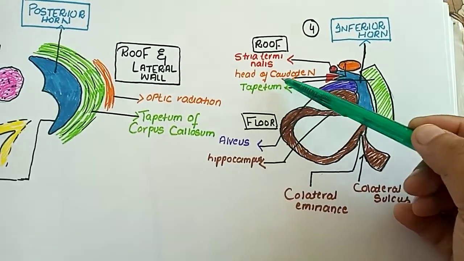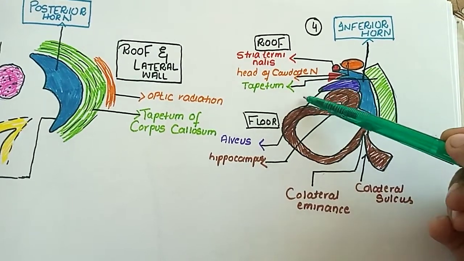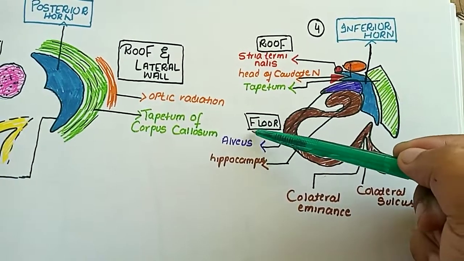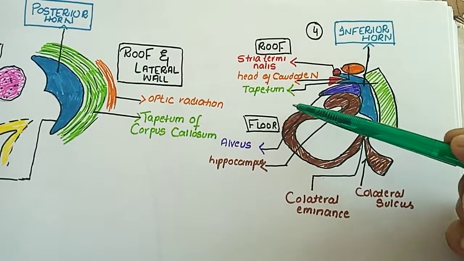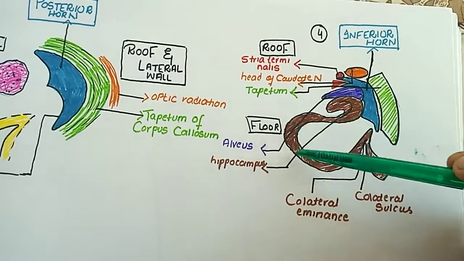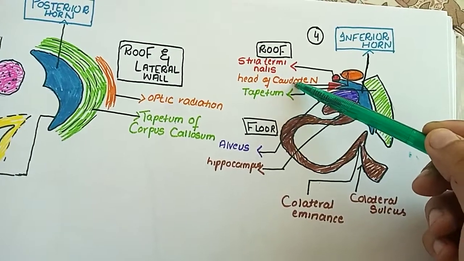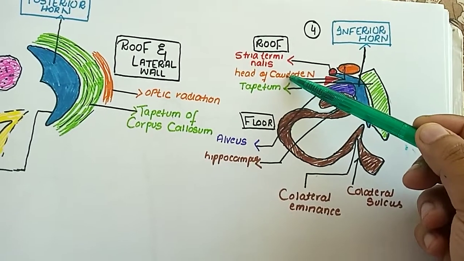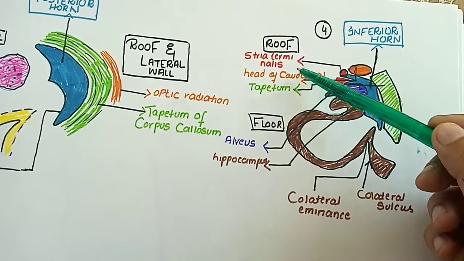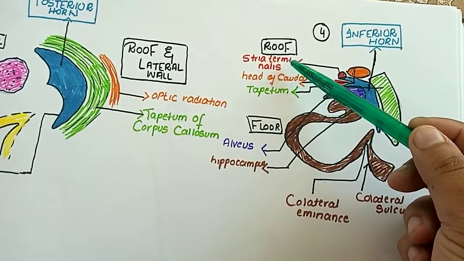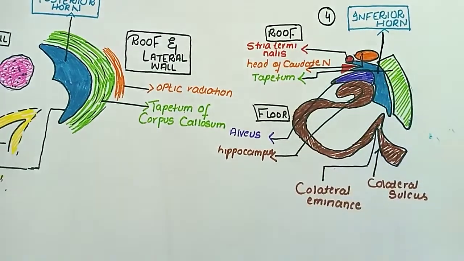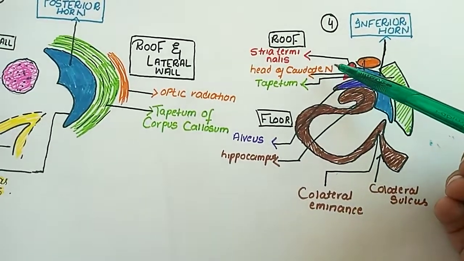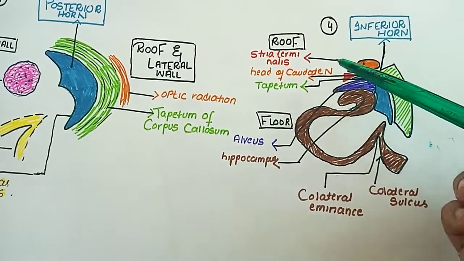And basically the caudate nucleus was present at the floor of the anterior horn, the body and the posterior horn, but in the case of the inferior horn, the caudate nucleus is present in the roof, along with the stria terminalis, which is a sheet of gray matter that extends across the inferior horn of the lateral ventricle.